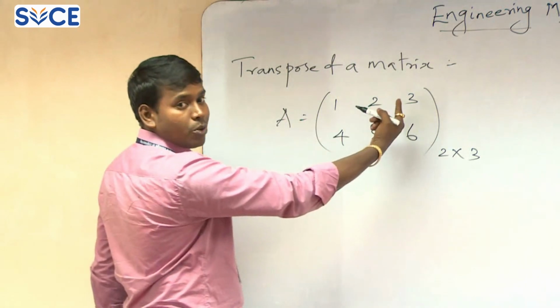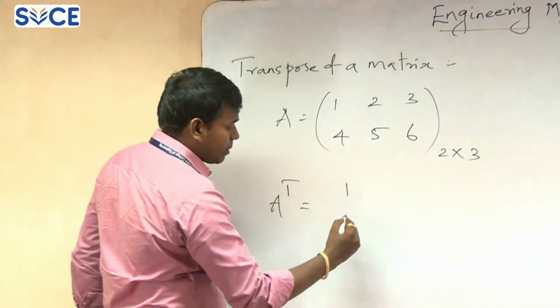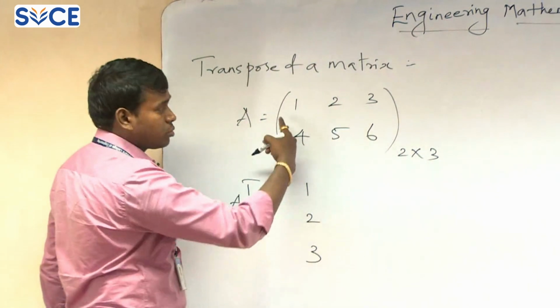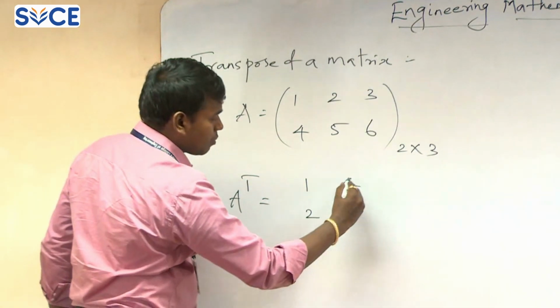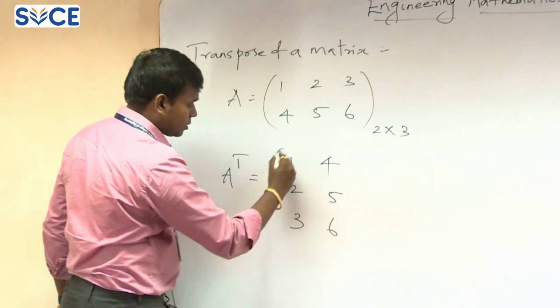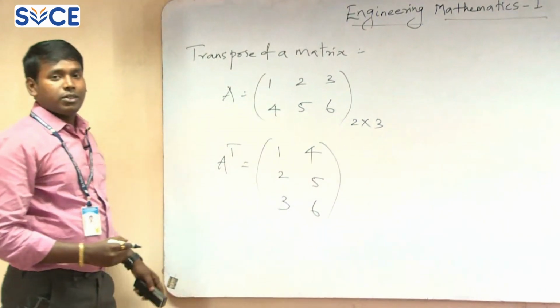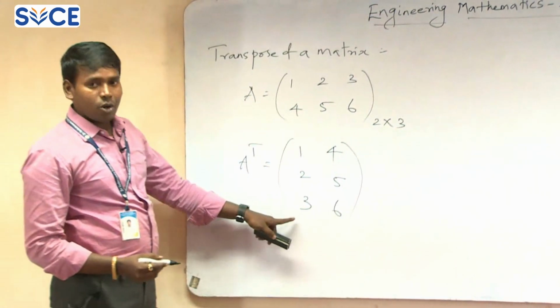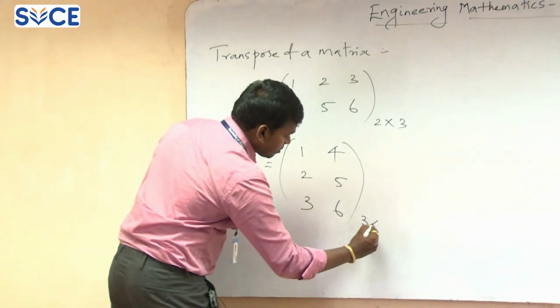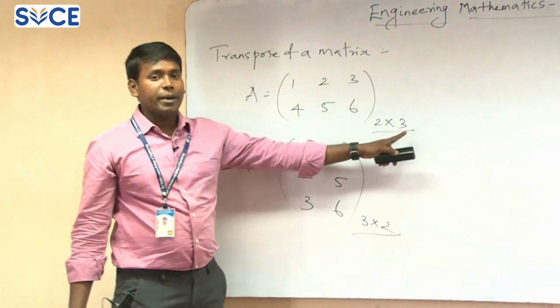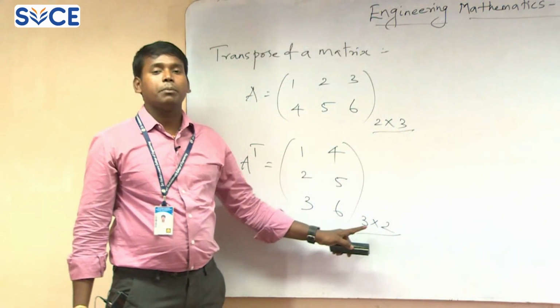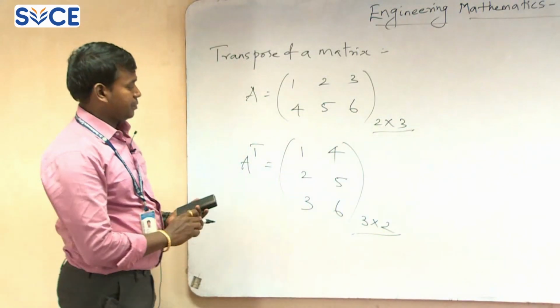So interchanging its rows and columns, it can be written as 1, 2, 3. So rows become columns, 4, 5, 6. So interchanging its rows and columns. Here the order of the matrix is 3 by 2. See the difference? Here 2 by 3, it becomes 3 by 2.